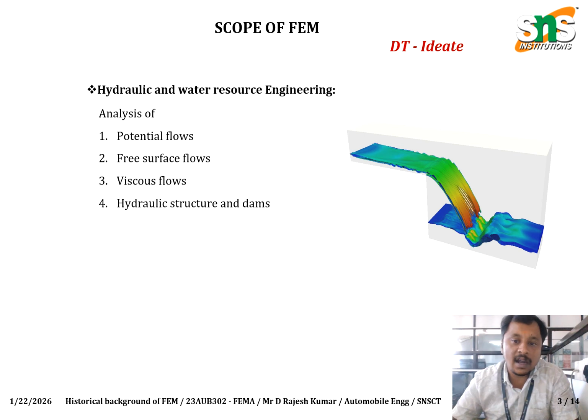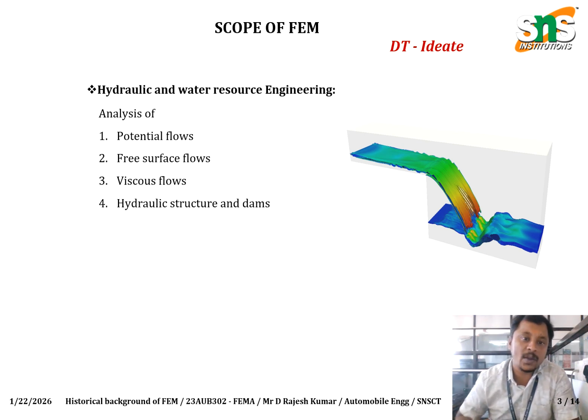And also in the dams and structures, the water flows can be analyzed: how the flow is, at what angle the water flows, how the dam should be designed, how the discharge should be done, in what way it can be improved. Likewise, the finite element method is used in hydraulics and water resource engineering. So this is one of the scopes, right?